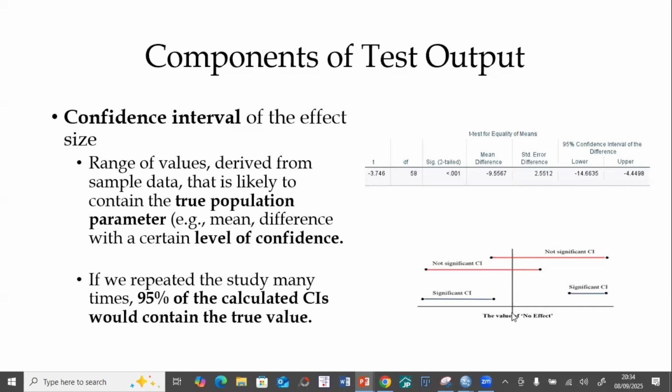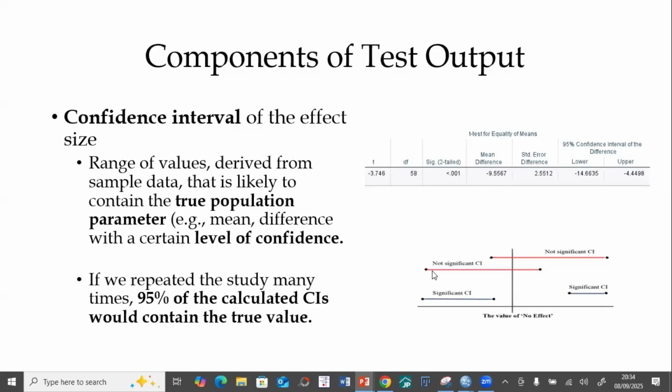0 is often called the line of no effect, as in 0 would mean there is no mean difference between the two groups. There's no difference in the blood pressure between the two groups. That is what this line means. This line, on the other hand, the red and the dark blue, represents the confidence interval.